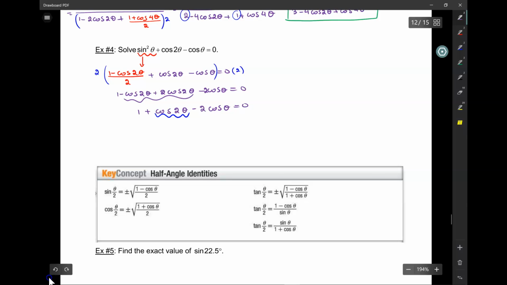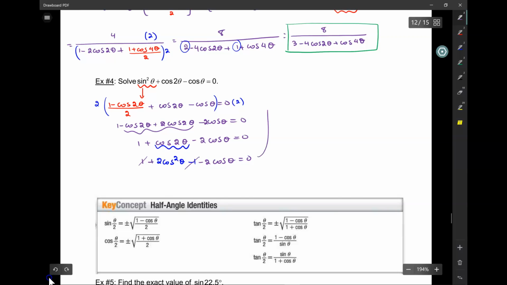So what I have is 1 plus 2 cosine squared theta minus 1, and then minus 2 cosine theta equal to 0. Okay, now 1 minus 1 goes away. So what I'm left with is 2 cosine squared theta minus 2 cosine theta equal to 0.